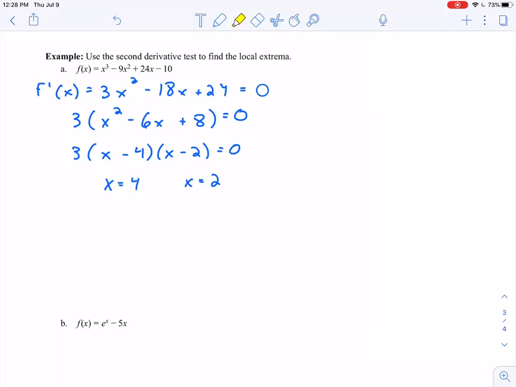So we could continue this problem using the first derivative test. We could draw out our number line and say here's 2 and here's 4 and start plugging numbers in. But here we want to see how this is different than the first derivative test.